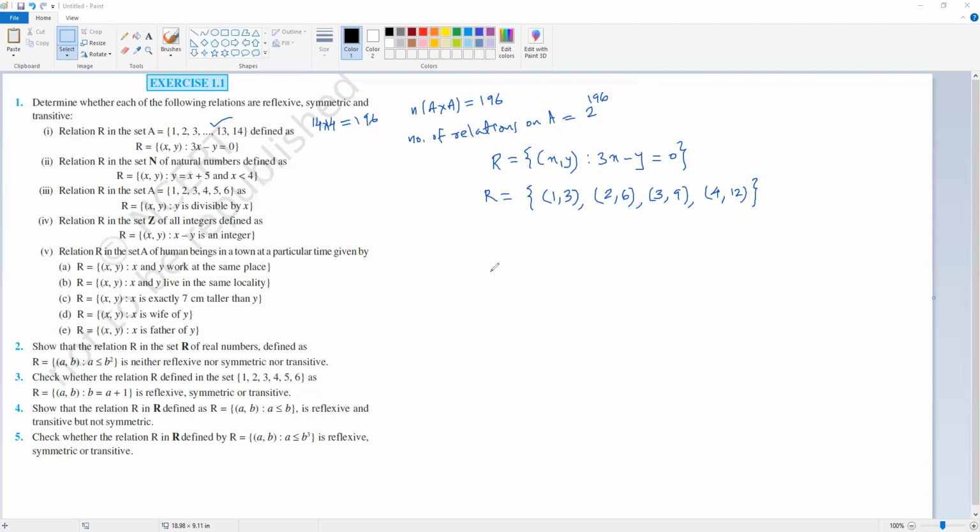Reflexive है तो हर एक एलिमेंट खुद को रिलेट होना चाहिए. सो सेट ए में 1 2 3 अप टू 14 एलिमेंट्स है. सो आपका रिलेशन में 1 1 होना चाहिए, 2 2 होना चाहिए, 3 3 होना चाहिए, 4 4, 5 5, 6 6, देन अप टू 14 14 रिलेशन में होना चाहिए. बट है क्या? एक भी नहीं, isn't it?